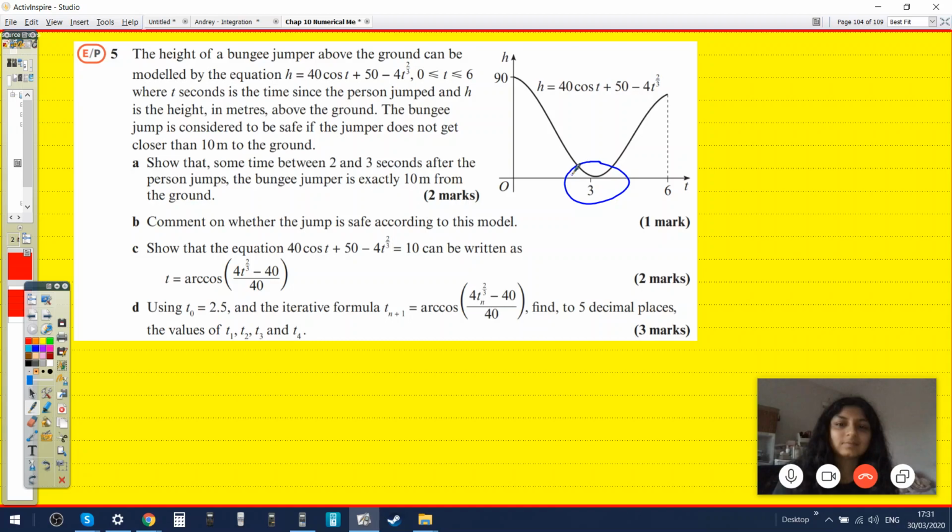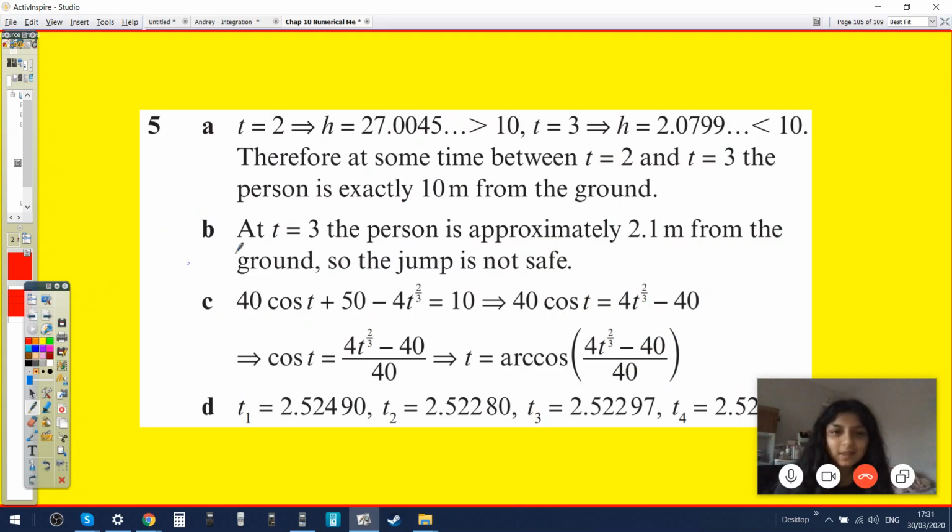Yeah, I like your reasoning actually. Part B is a 1 marker, so I think you could probably just get away with showing the equation can be written as that. If you had to find that, you could do dh by dt and make it equal to 0. At t equals 3, person is approximately 2.1 from ground, jump is not safe.